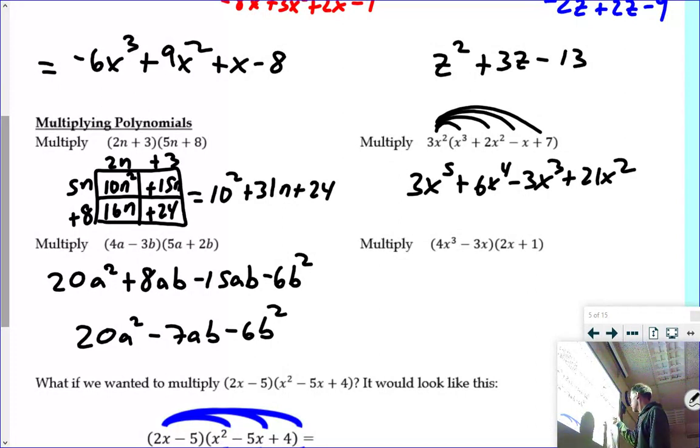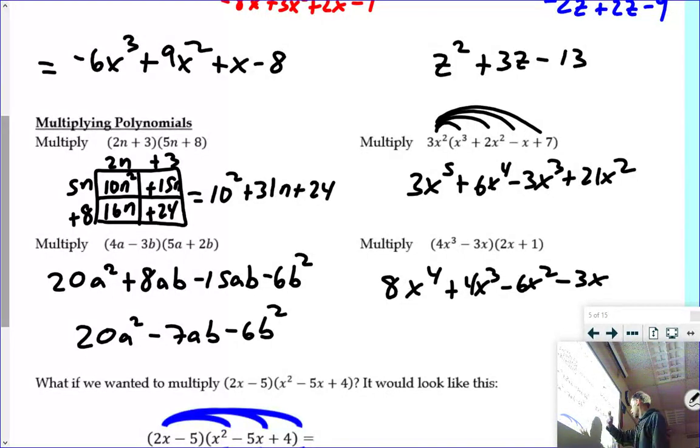So you're just going to have each individual thing. 4x to the third times 2x would be 8x to the fourth. 4x to the third times 1. Negative 3x times 2x. Negative 3x times 1. And again, no like terms. They all have different exponents. So that's just going to be your final answer.